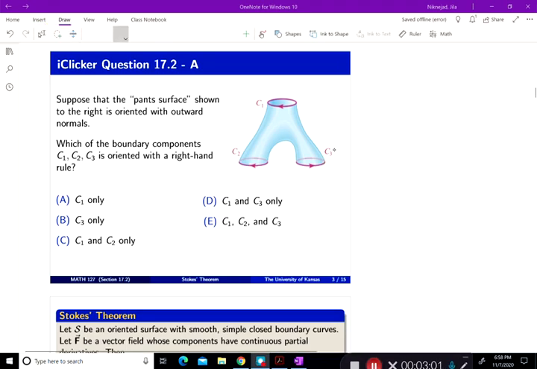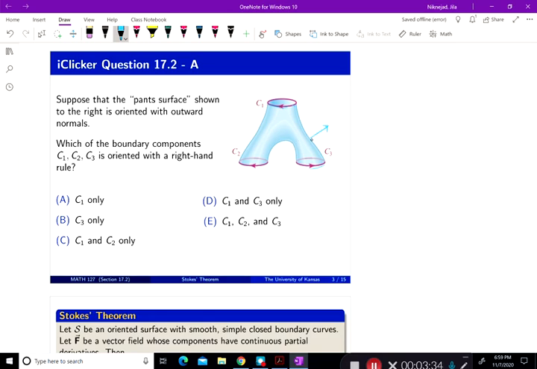Now I'm thinking about walking along any of these paths, with my head sticking out of the page. If I stick my left hand out, my left arm is going to be outside. On this path, if I stick my left hand out, my left hand would point to the inside. For this one, it would be inside again.